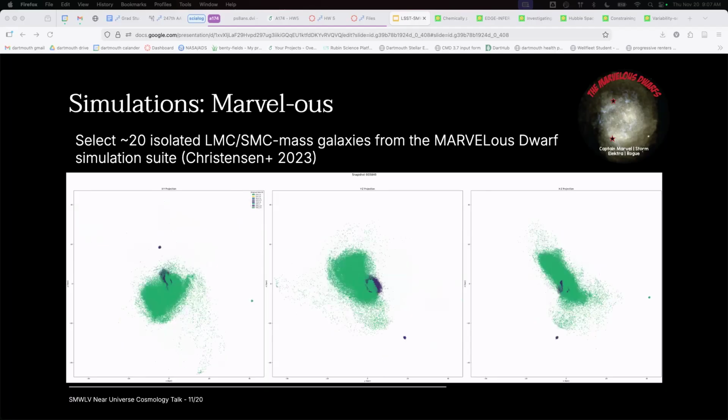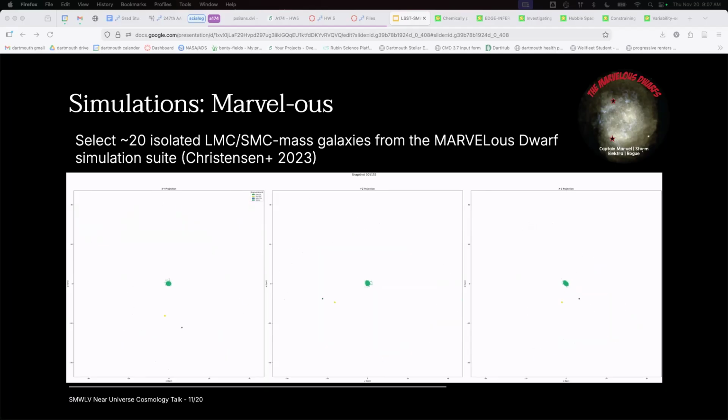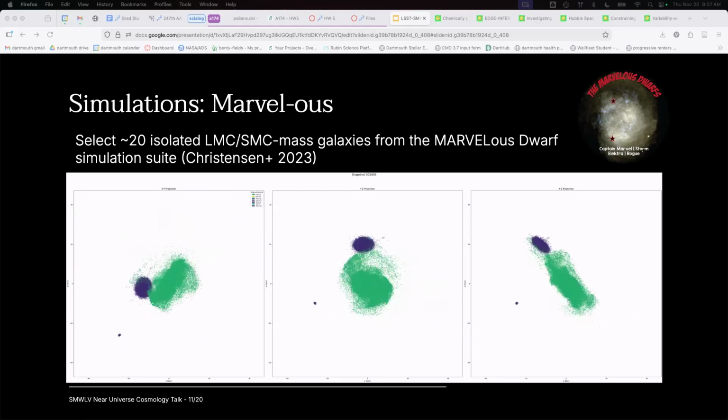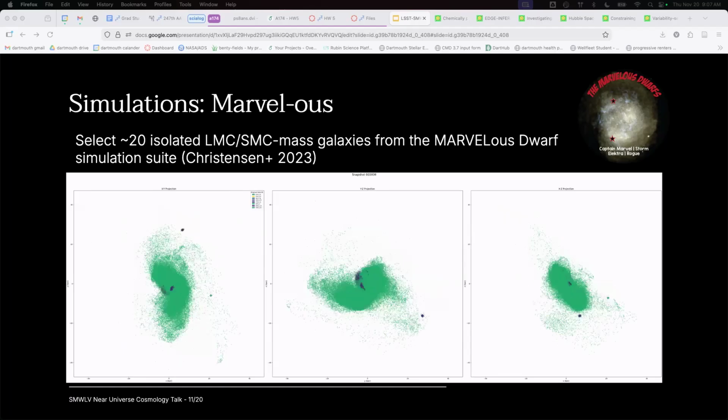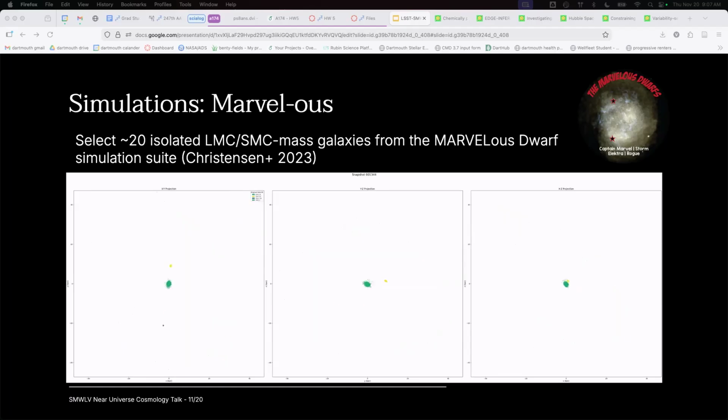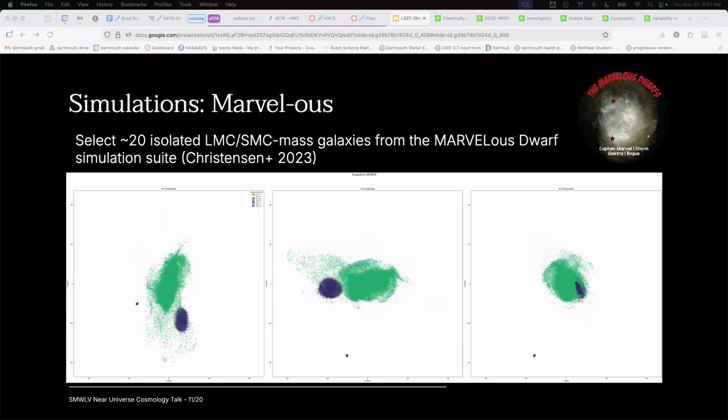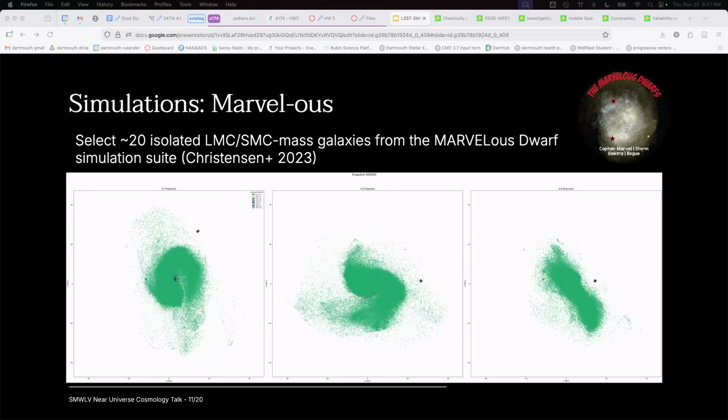This is a GIF of one of the dwarfs that we observed. This is an SMC-mass host, and it's the one I'll use as an example throughout the methodological part of this talk. You can see it experiences quite a few mergers throughout its life, and then a big satellite comes in and disrupts, creating this giant stream that's really pretty. We're going to try to understand if LSST can see streams like this one.